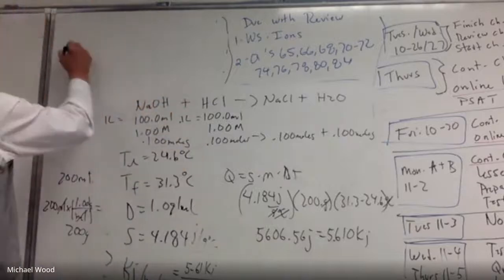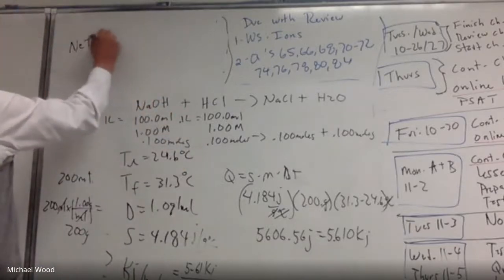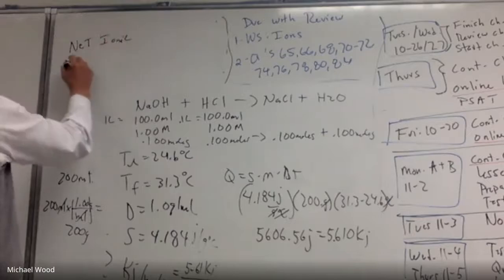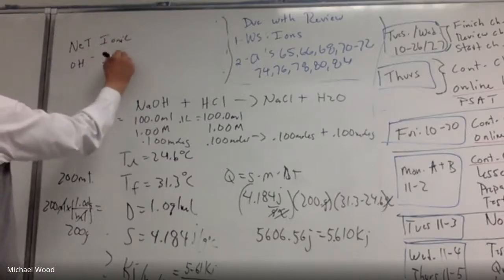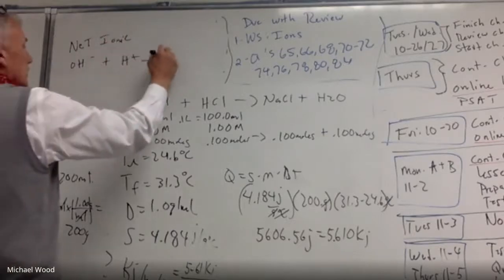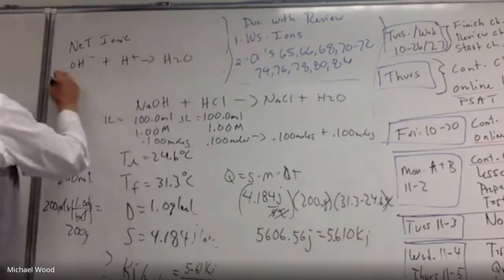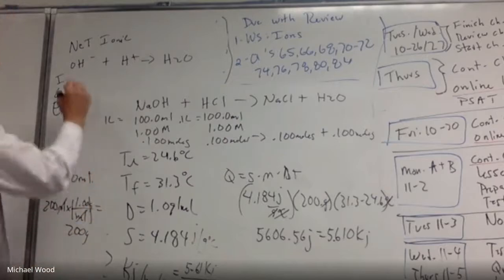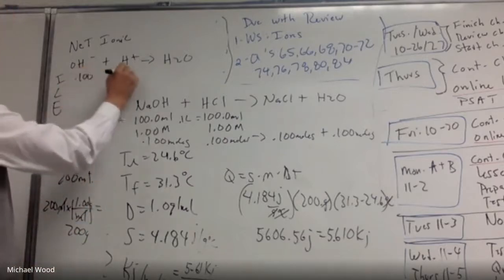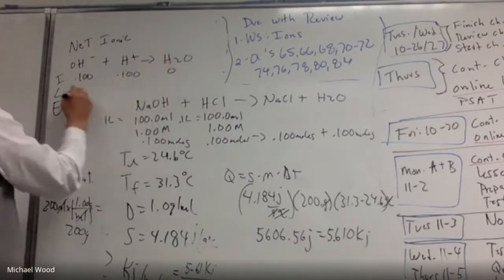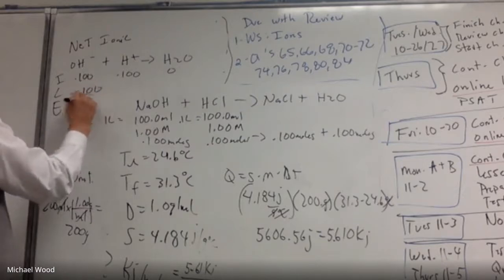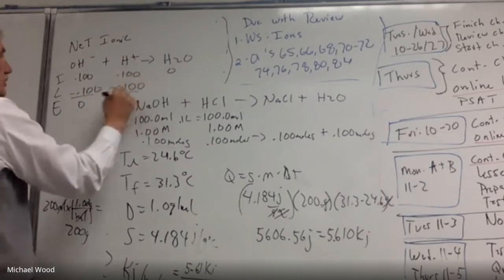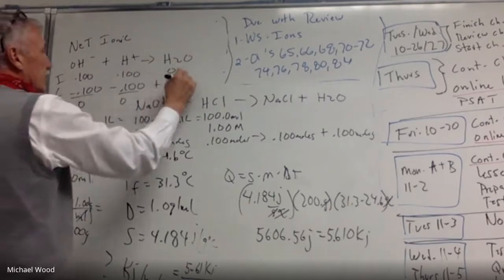The net ionic equation here would have been OH minus plus H plus gives H2O. And if I did this in an ice table, I would have got 0.1, 0.1, and 0, so these would have been gone. These both run out at the same time.